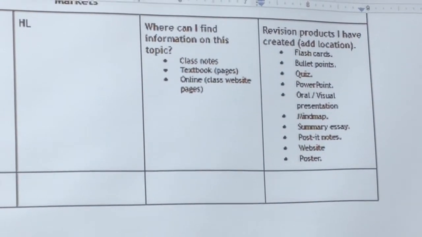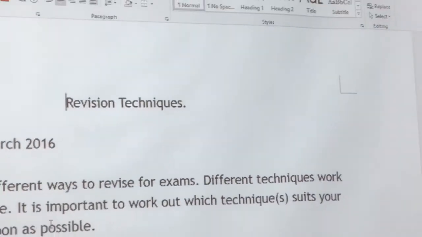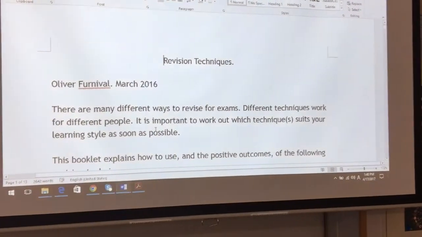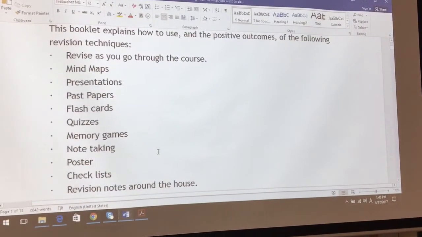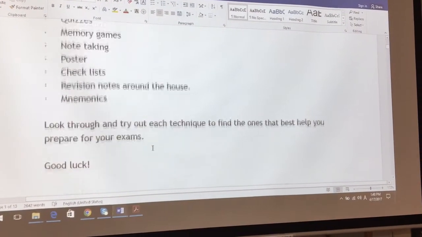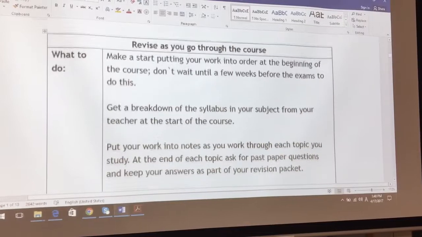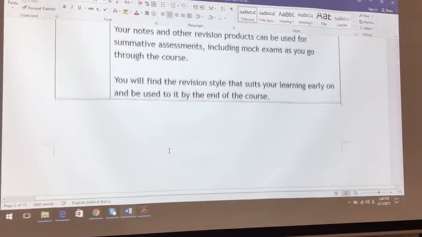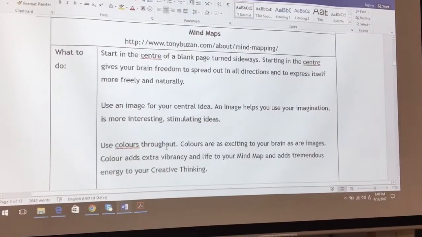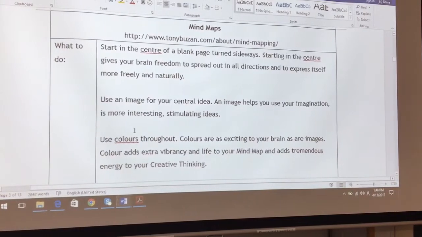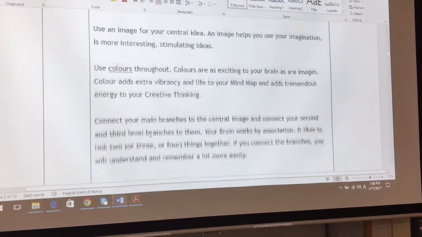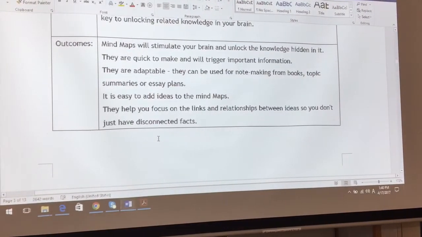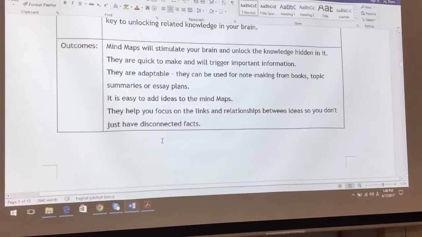And what you can do is, as I've shown on some of my other videos, I've been going through these revision techniques, which is what I've just read out to you, and this is the same list that's on the Google Doc there. You go through each technique and find one that fits the way that you learn. So here we've got, well, how do I do it, what do I do, follow the instructions there, and then it gives you the outcomes of that.